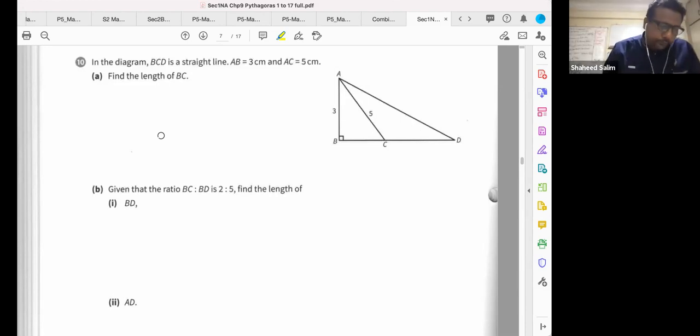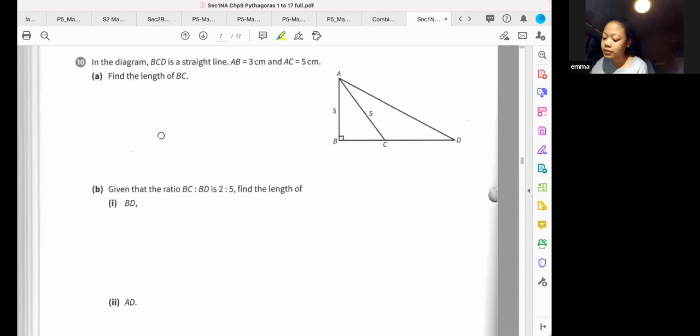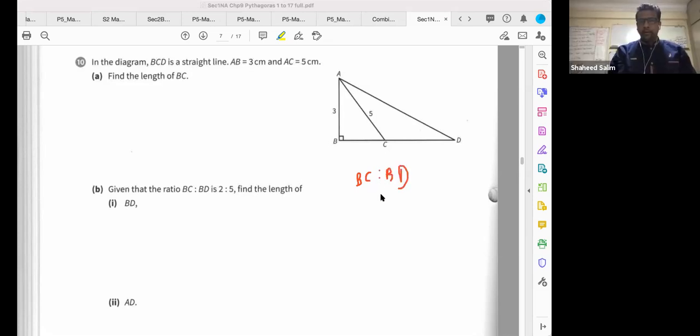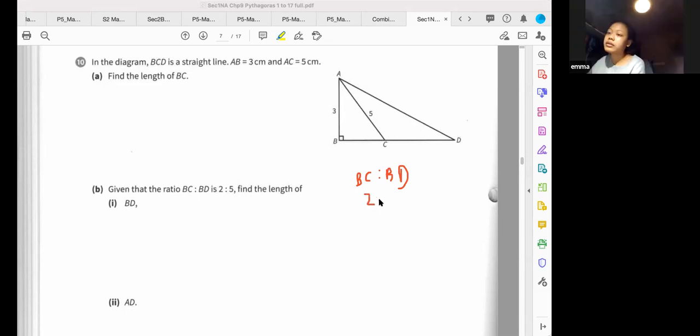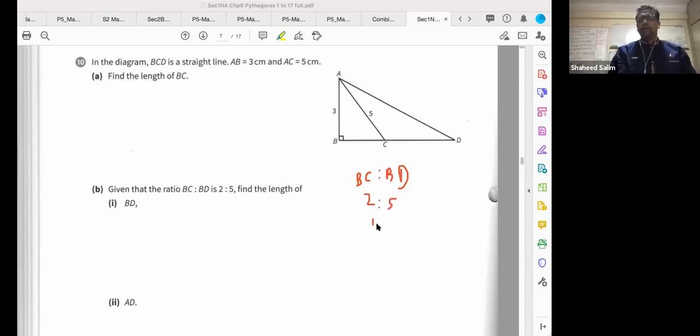Can you get? The ratio is given here. So this is 10. Well done. You change it to 4, you got times 2. This one got times 2, you get 10. Well done. So now the next one, AD.